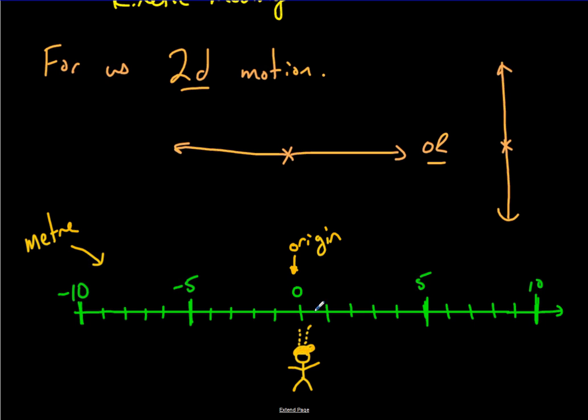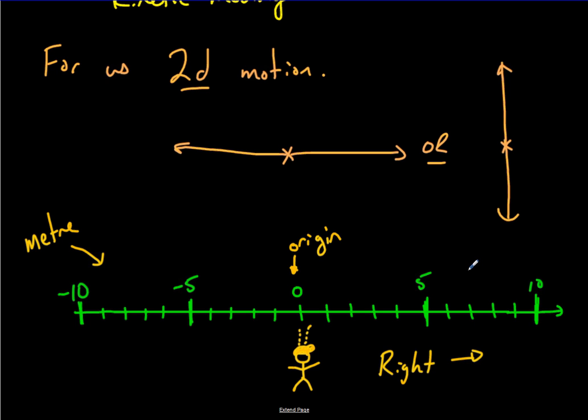So if an object were to move on the number line, okay, if they move in this direction, or to the right, based on where the observer is standing, we can see that this object is moving in the positive direction. Does that make sense? It's moving towards higher positive numbers.